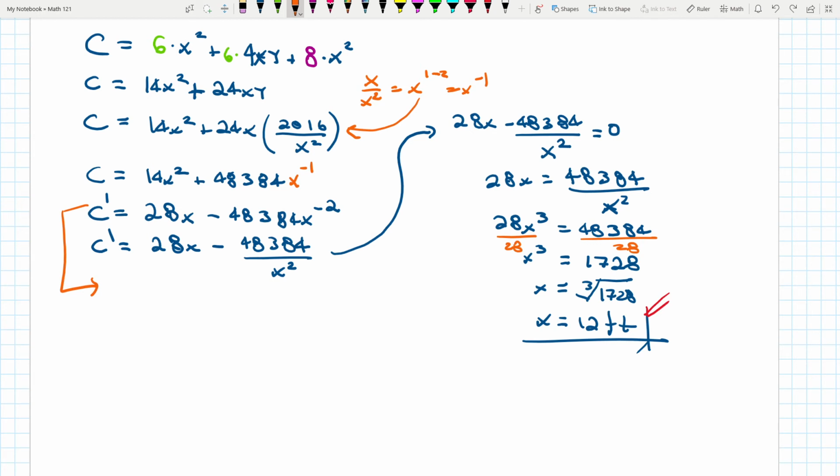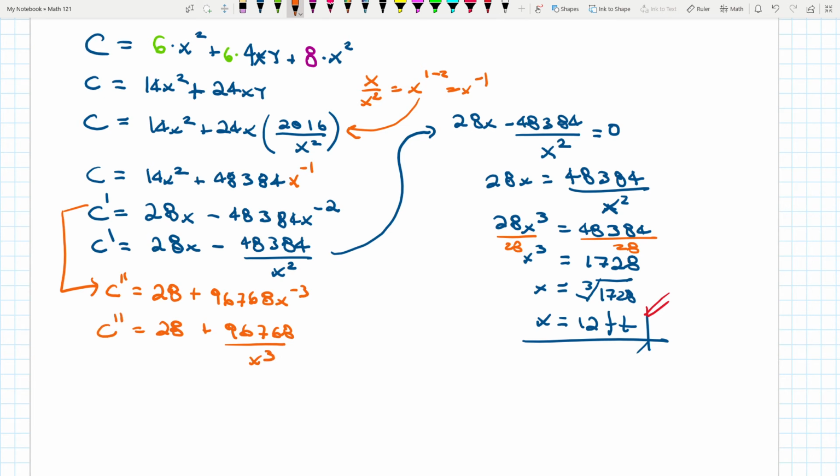using the negative exponent. So c double prime will be 28. The derivative of 28x is 28. And the derivative of this ugly looking expression, negative times a negative, will be a positive 2 times 48,384, that's 96,768 x to the negative 3, which is the same as 28 plus 96,768 over x cubed.